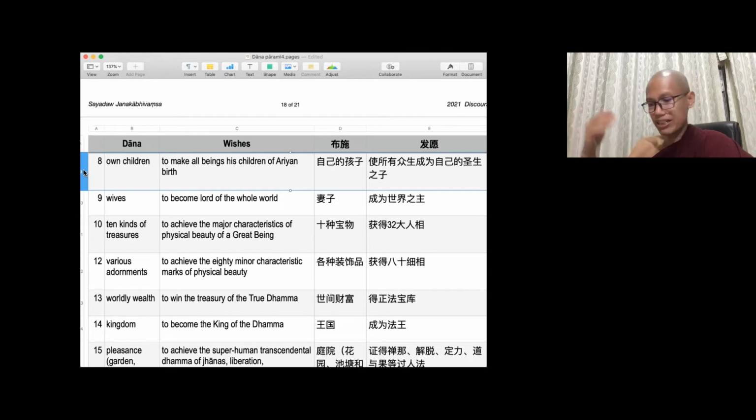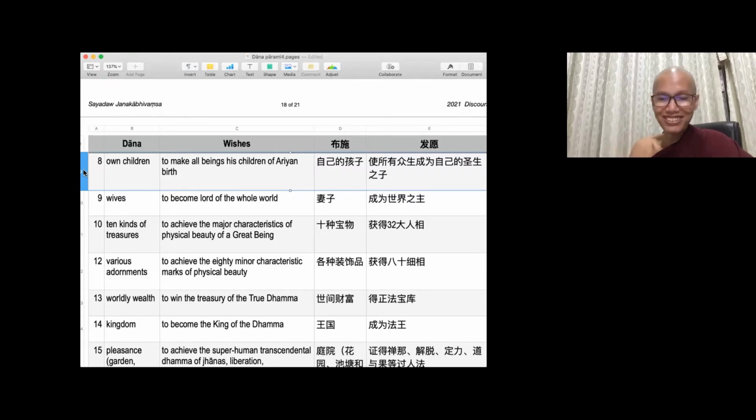All noble persons are the Buddha's sons and the Buddha's daughters. To be the Buddha's sons and daughters as a noble clan for all beings, the Buddha donates children. If you donate, you should make such a wish. This is a Bodhisattva practice.